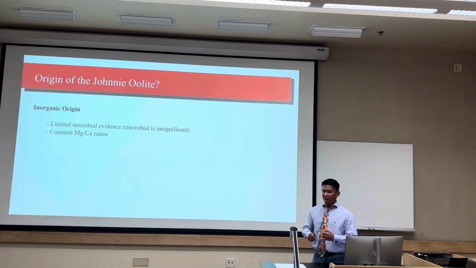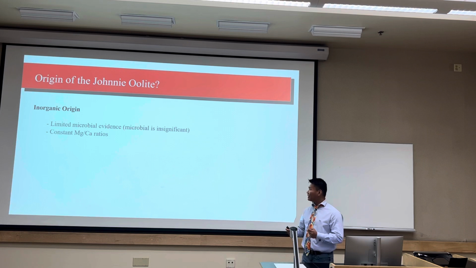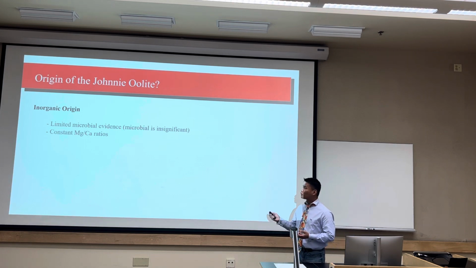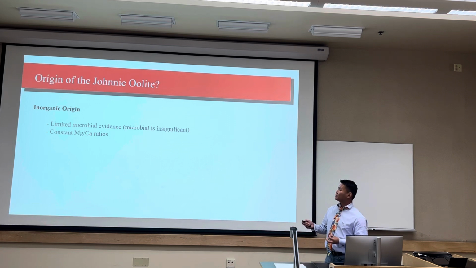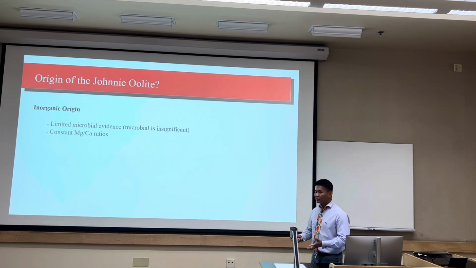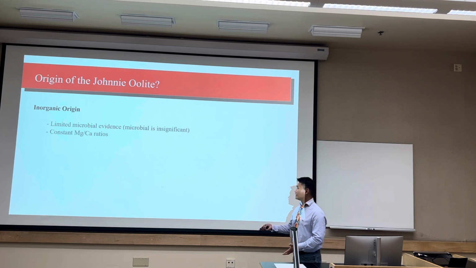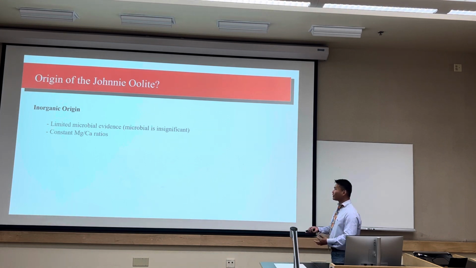We see very inconsistent and very limited microbial evidence. The presence is very insignificant. Together with the observation of the constant magnesium to calcium ratio throughout, we came to the conclusion that all these things suggest that the Joins oolite was abiogenic, deposited in an inorganic condition.